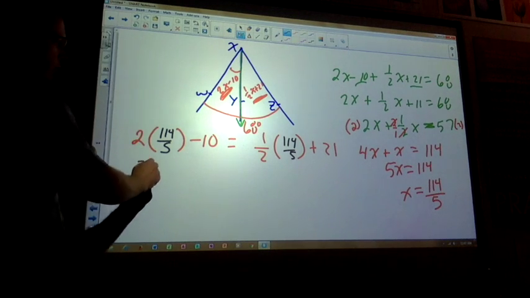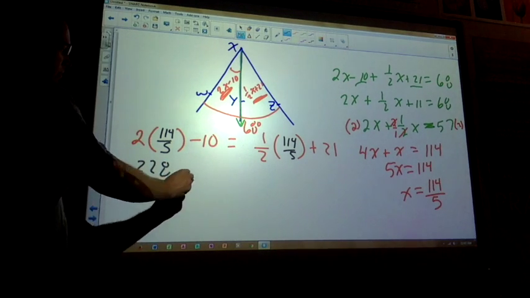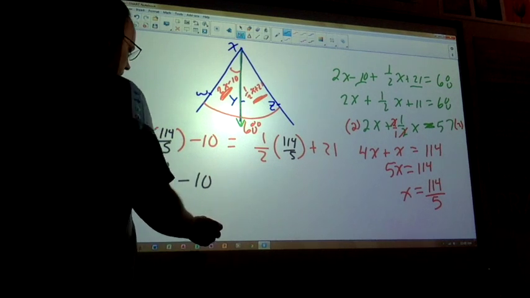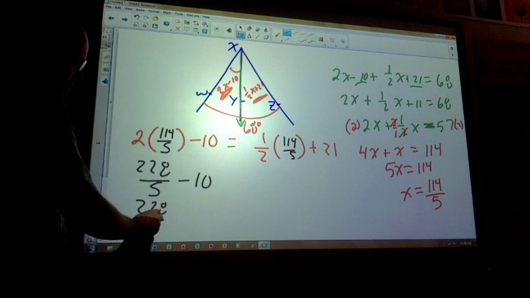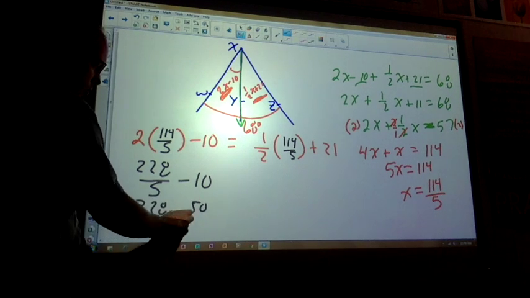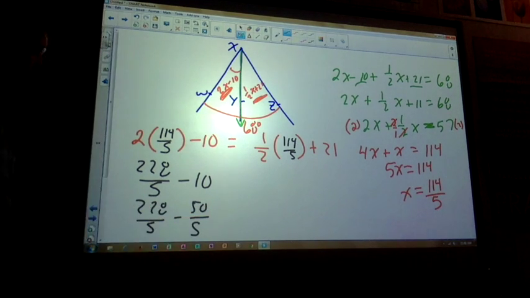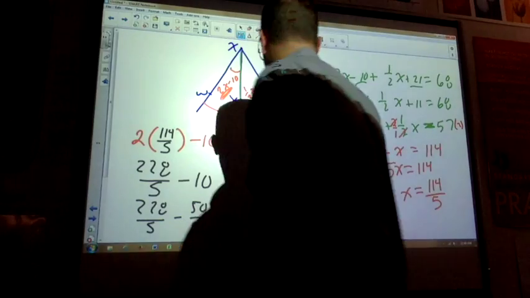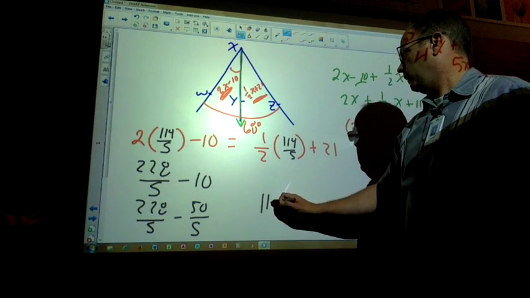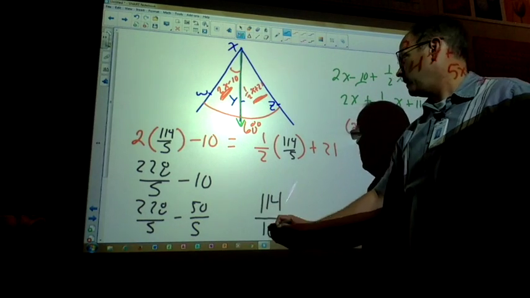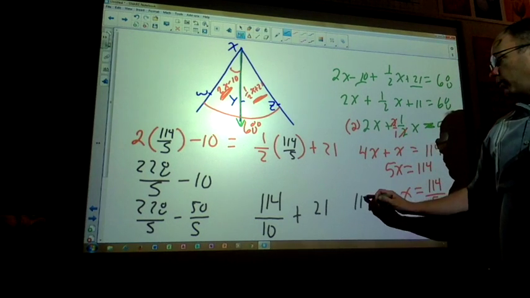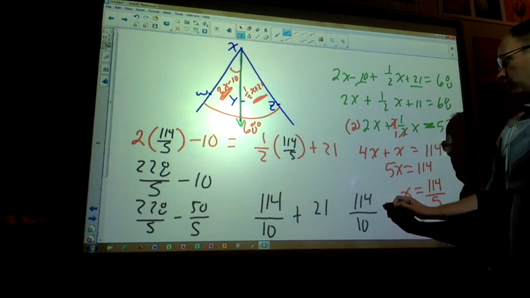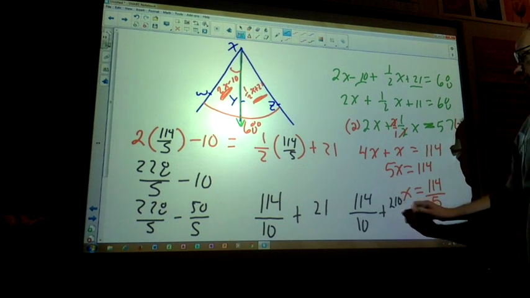So that's 228 over 5 minus 10. So that's 228 over 5 minus 50 over 5. And we want to know if that is equal to 114 over 10 plus 21, which is 114 over 10 plus 210 over 10.